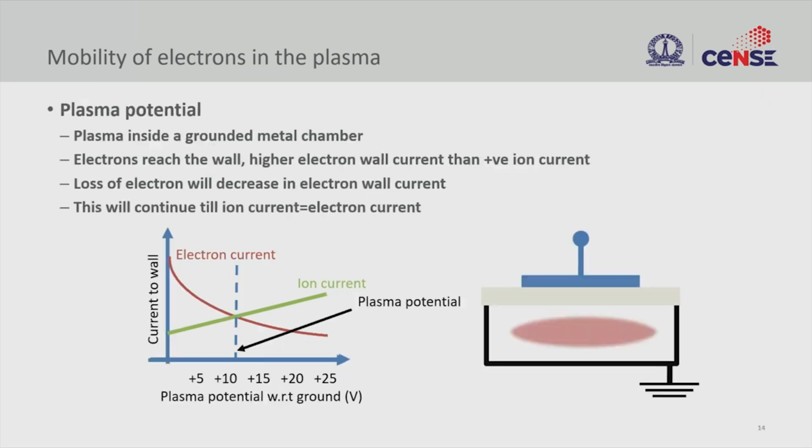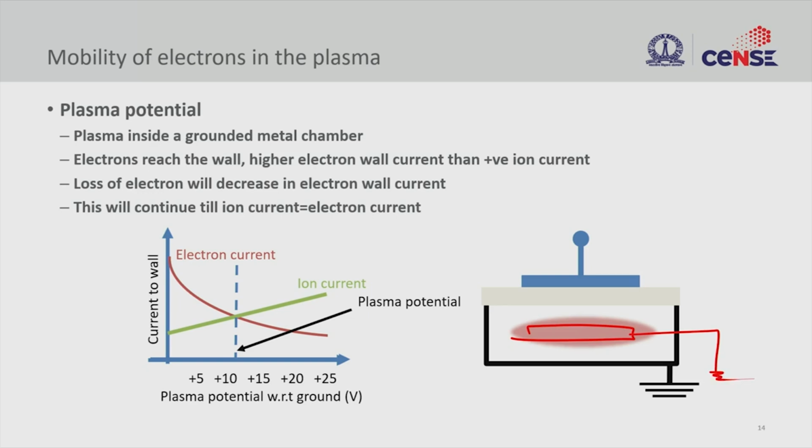Okay, and the next is plasma potential. This is similar to what we saw earlier, but the only difference is we are going to ground it. So what is the potential inside the plasma when you ground it? This is what we are interested in.